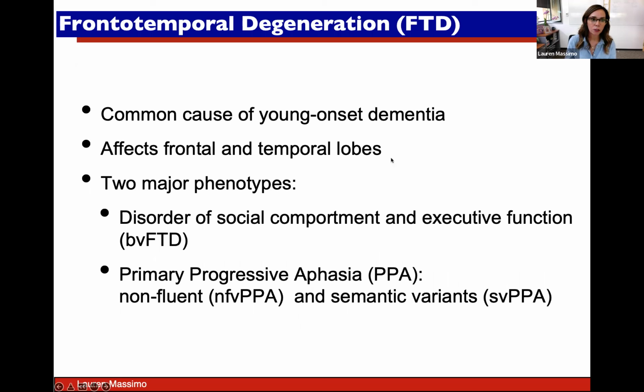The second major phenotype of frontotemporal degeneration is something called primary progressive aphasia. And from there are two variants. One is called non-fluent variant primary progressive aphasia, where there is slowed speech. And there's a semantic variant primary progressive aphasia, where there's difficulty with object knowledge.